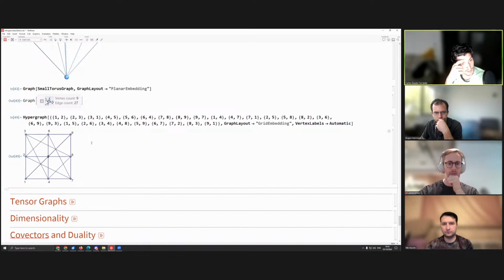Let's see. So there's a clear cycle. I mean, some of the cycles are hard to identify from the picture, but let's say the two triangles that you can see inside the square that are visually clear, right?